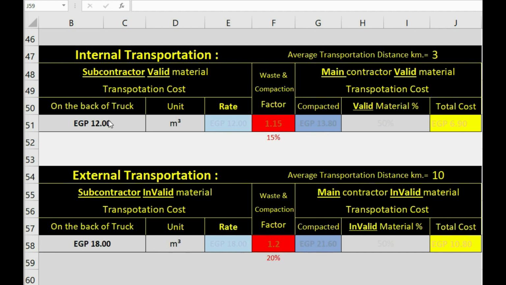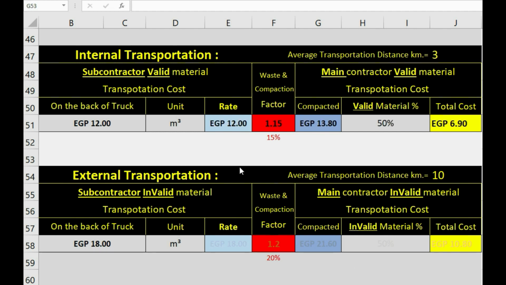The internal transport, where the rate of 1 cubic meter is 12 Egyptian pound to move the valid material to the backfilling area. The waste and compaction percentage will be 15%, which means that the factor will be 1.15.